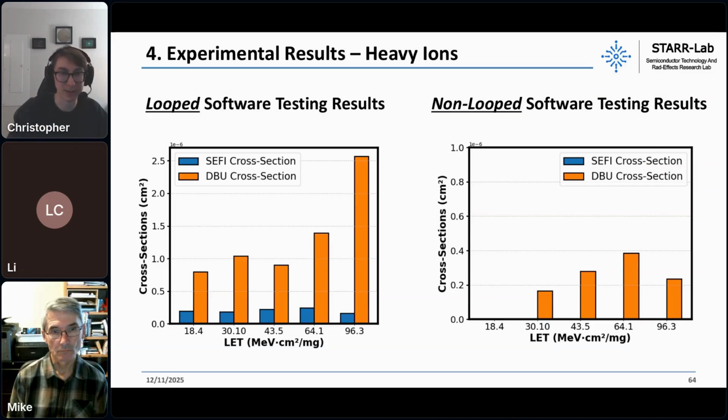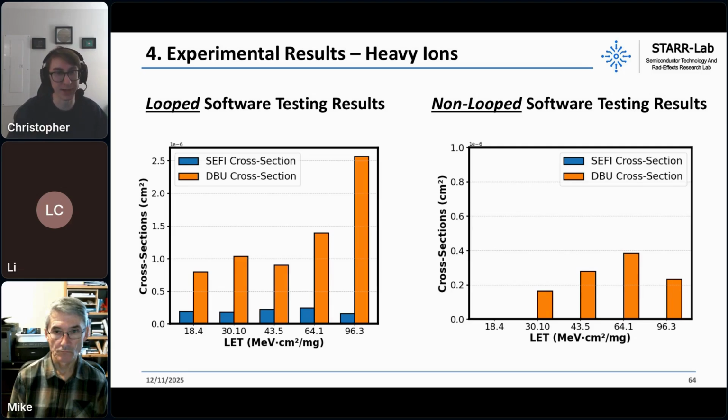If we take a look at some results here, on the left we're showing the SEFI cross section. That's how sensitive the device is to having a software crash, as well as the double bit upset cross section. So how many double bit upsets would you be seeing? And those are uncorrectable data errors, since for our ECC scheme, we can correct 1 bit upset, but 2 means the data is lost.